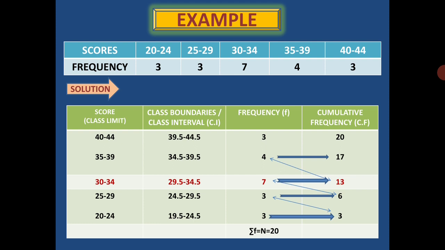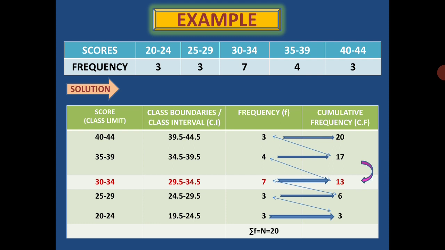And last, 17 plus 3 equals 20, the cumulative frequency of the uppermost class, that is 40 to 44. The most important thing is that the total number of frequencies must be equal to the cumulative frequency of the highest class. Here n equals 20 and the cumulative frequency of the highest class, 40 to 44, equals 20.